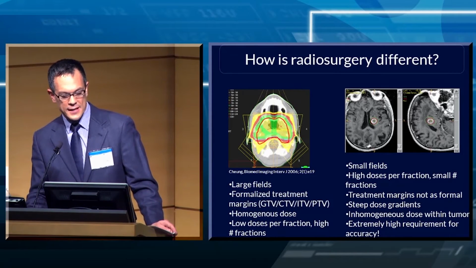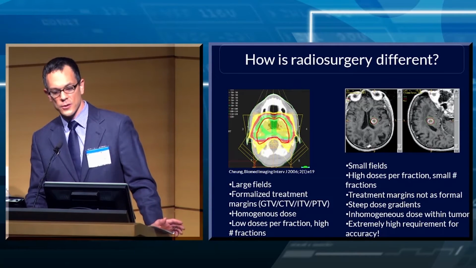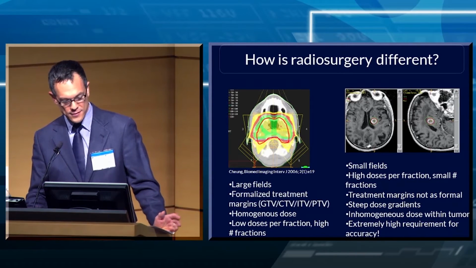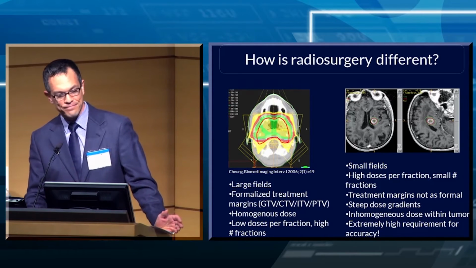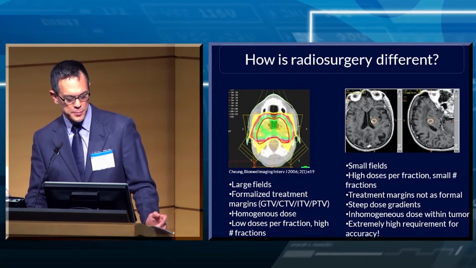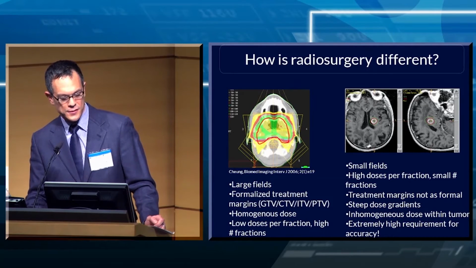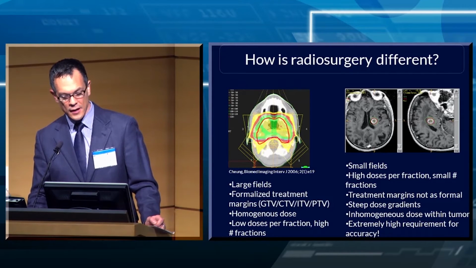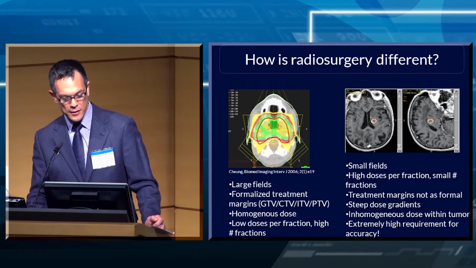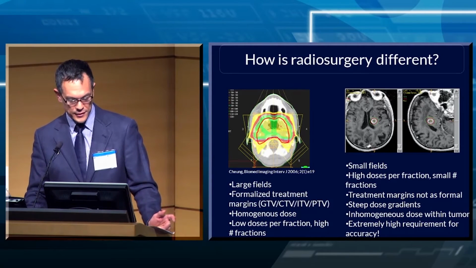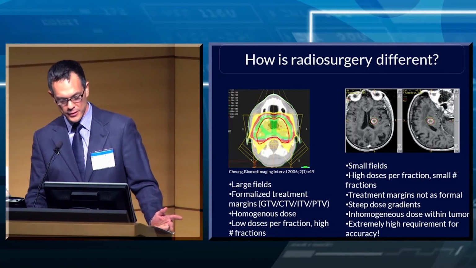Because of that, you try to prescribe a homogeneous dose that you can take advantage of differential biological effect via differential repair pathways, and you use a low dose per fraction and a high number of fractions to spare normal tissue damage. Radiosurgery, on the other hand, uses really small fields that are tightly conformal to the target, uses high doses per fraction with either one or a small number of fractions, and has very steep dose gradients.